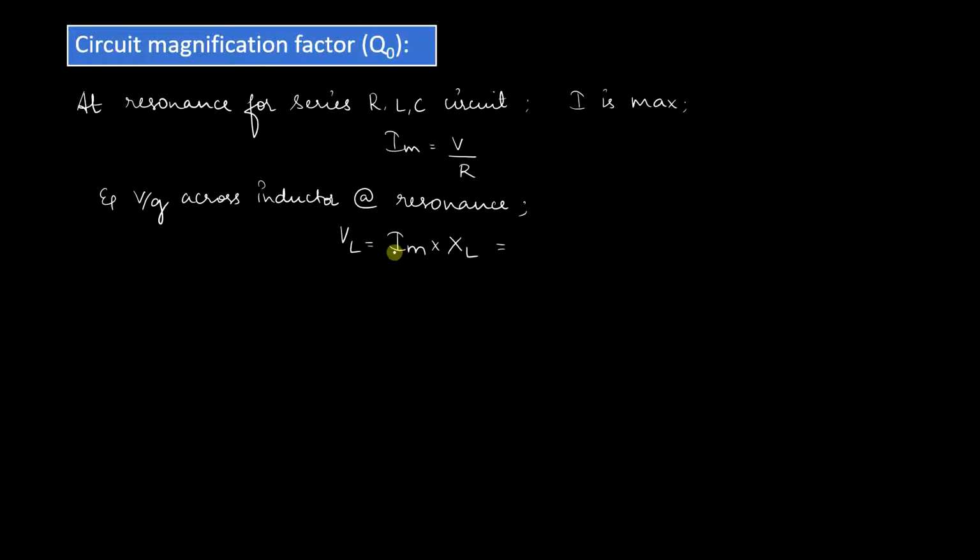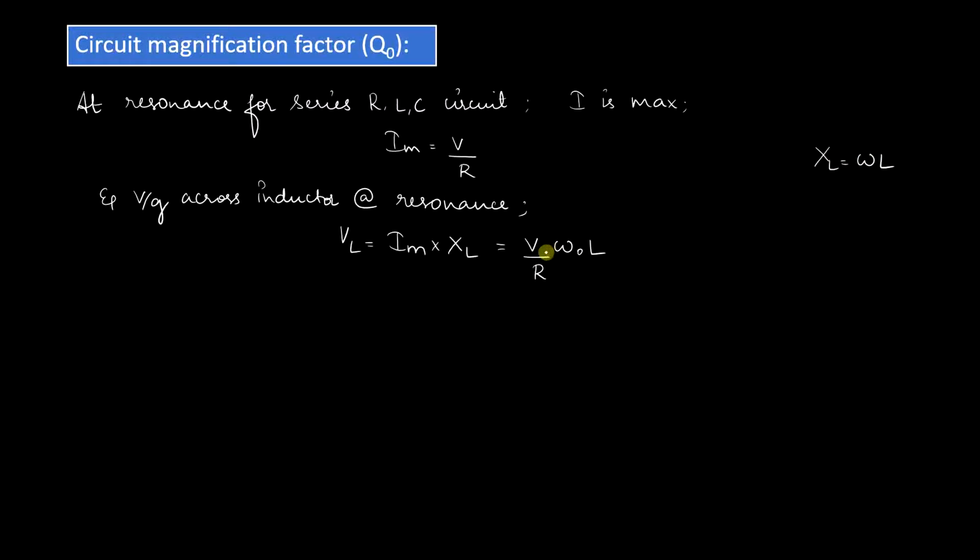Now what is Im? Im is V by R. What is XL? At resonance this can be written as omega naught into L, because at resonance omega is equal to omega naught, and we know that XL is equal to omega into L.